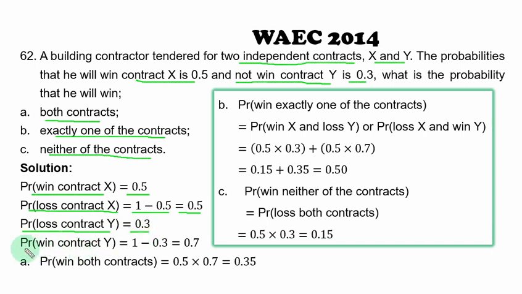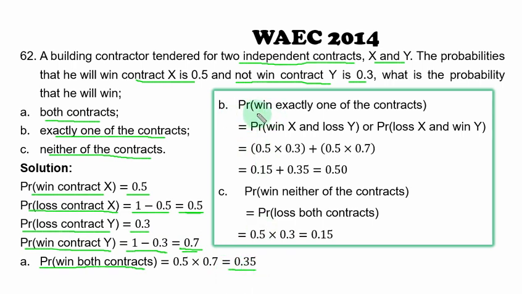Then probability win contract Y is equal to 1 minus lose contract Y, and you have 0.7. A part of the question: probability win both contracts, that is 0.5 times 0.7, and that is 0.35.